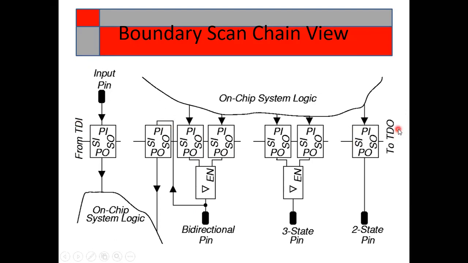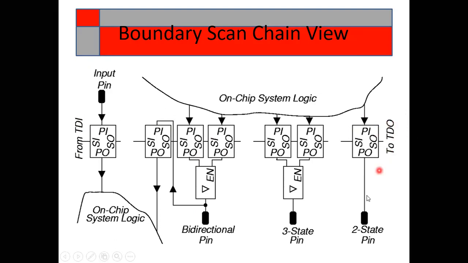Then it also has the output: the first one is the TDO, and the next one is the parallel data. Here we are collecting the data in parallel form. Parallel data output.